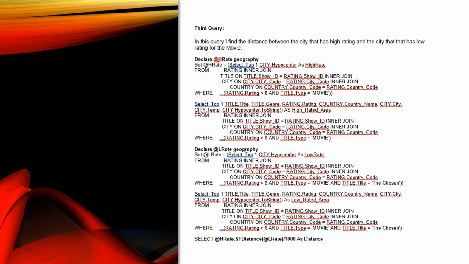What happened here is I try to find the distance between these two cities, the one that submitted the highest rating and the one that submitted the lowest rating, divided by 1,000, which gives me the kilometers. Let's quickly review this. As you see, H rate is one variable here and L rate is another variable here. With this query, I gather the point of the place that gave the highest rate and the point that submitted the lowest rate. And then with this command, I found the distance between these two points on Earth.